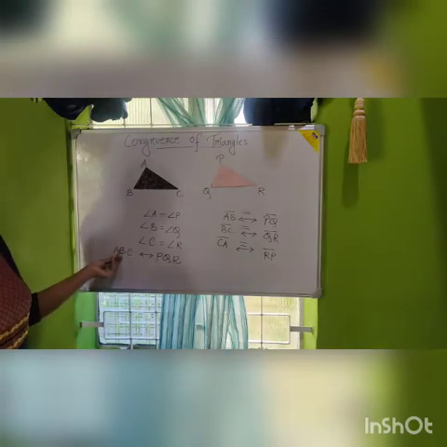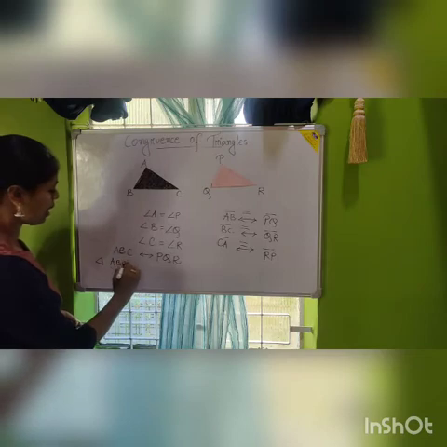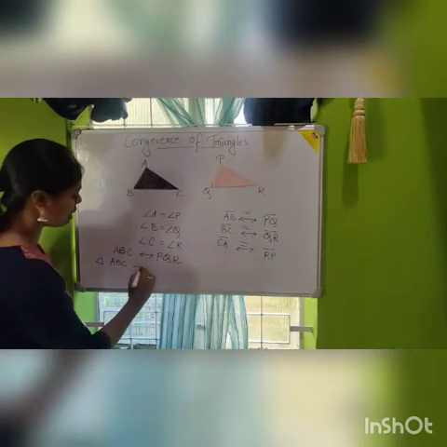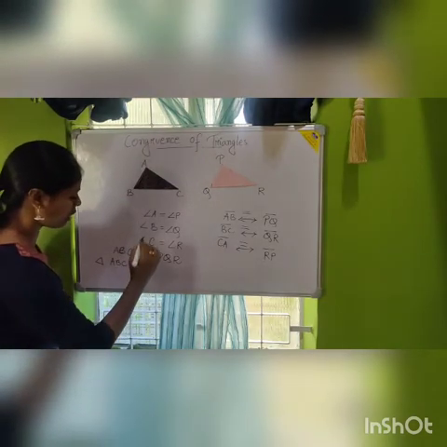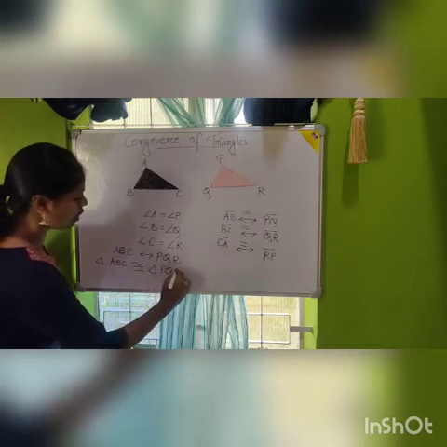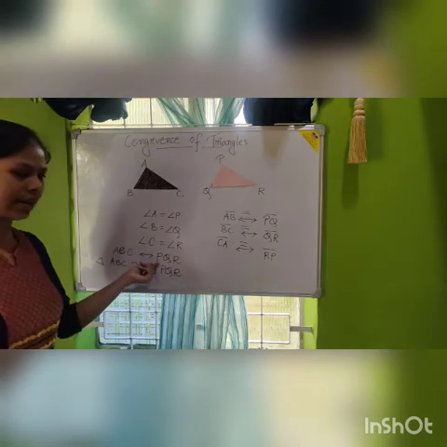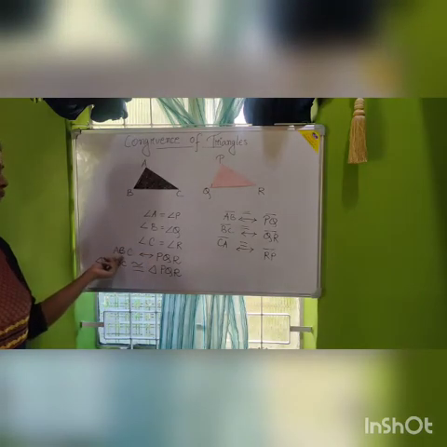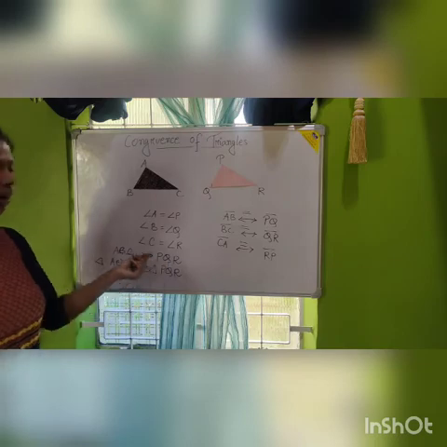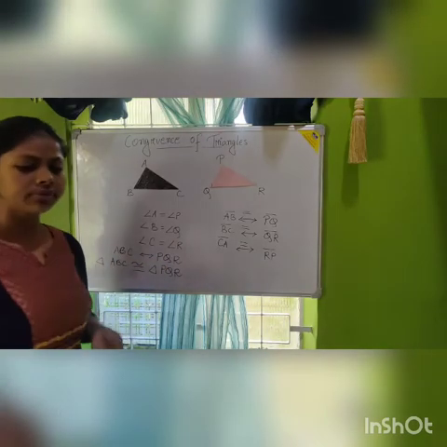I can write it this way: triangle ABC is congruent to triangle PQR, in the pattern that vertex A corresponds to vertex P, vertex B corresponds to vertex Q, and vertex C corresponds to vertex R.